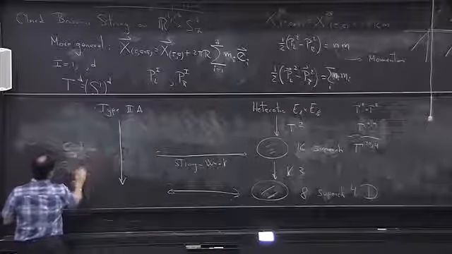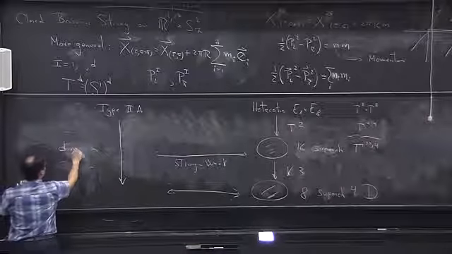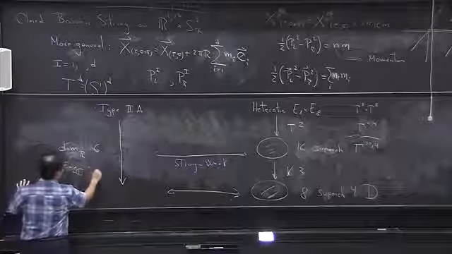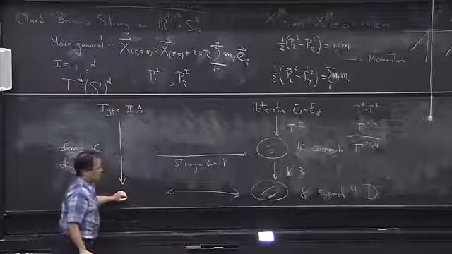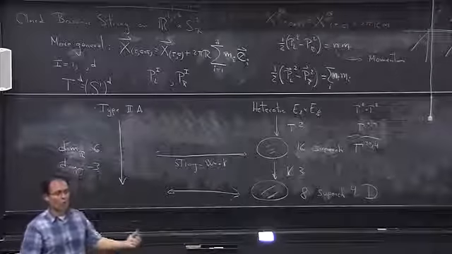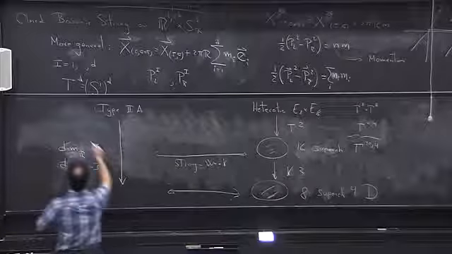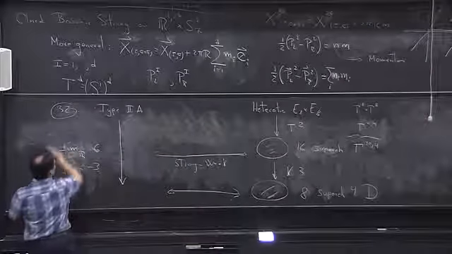Well, people like to say whatever this thing is, it will have to break 1/4 of the supersymmetries, right? Because we have to go from 32 supercharges down to 8.